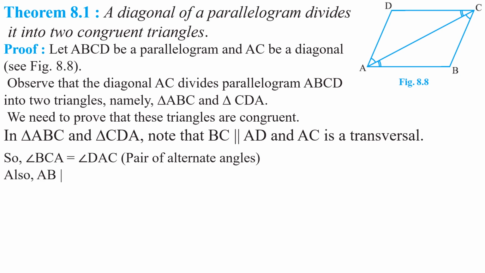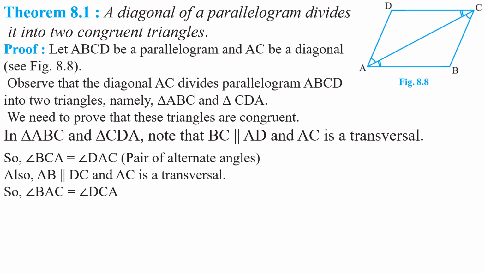Okay, my children. Also, AB is parallel to DC, and here also AC is a transversal. Then, which angles are equal? Yes. So angle BAC is equal to angle DCA. This pair of angles is also a pair of alternate angles. These two angles are also equal because AB and CD are parallel lines.